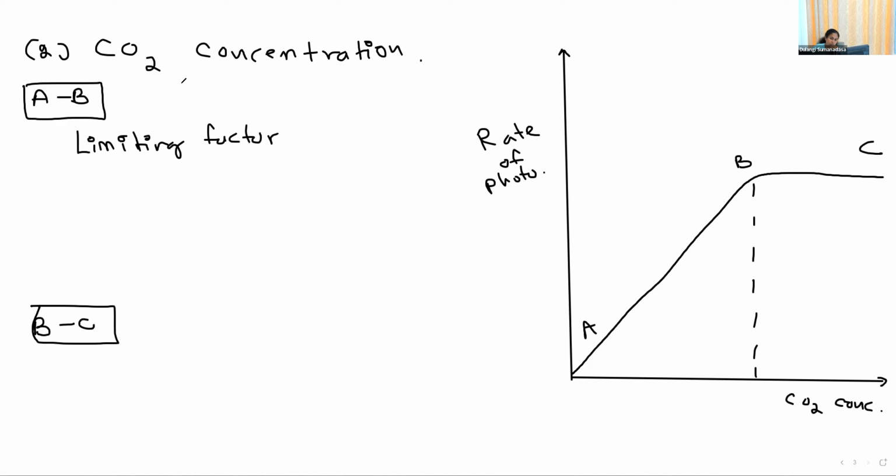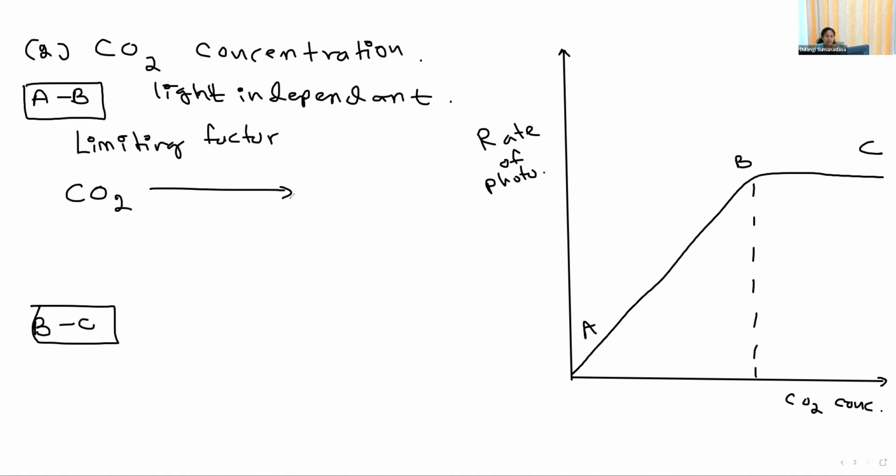So the stage that's going to be affected is the light independent reaction, because carbon dioxide is the substrate for the Calvin cycle.